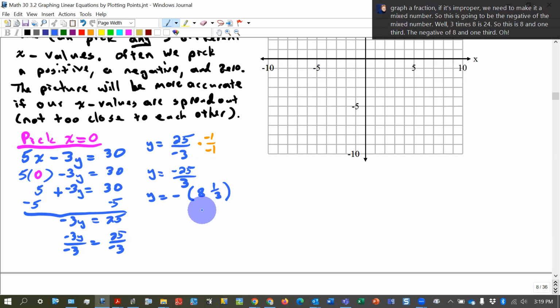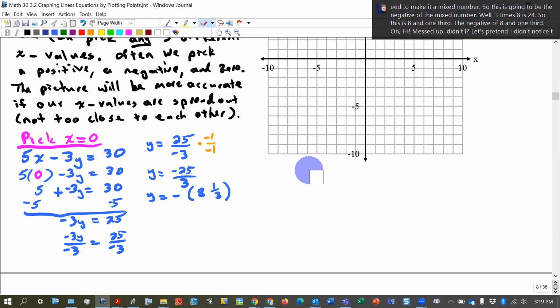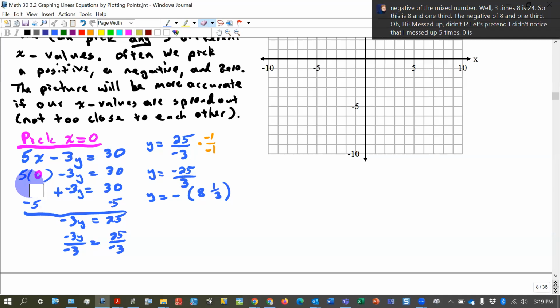Oh, I messed up, didn't I? Let's pretend I didn't notice that I messed up. 5 times 0 is 0, not 5. Actually, I am going to fix it now for a different reason.